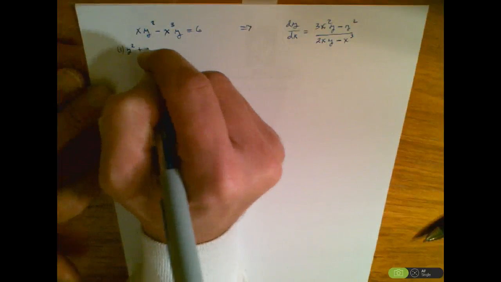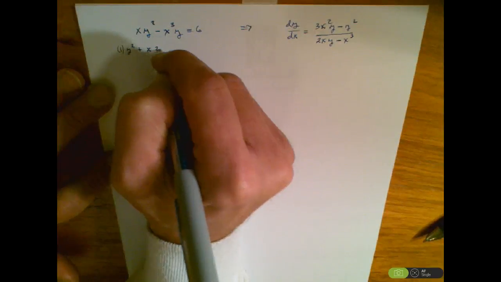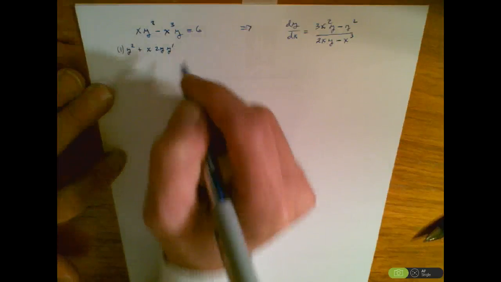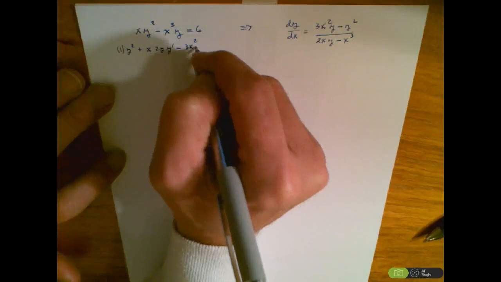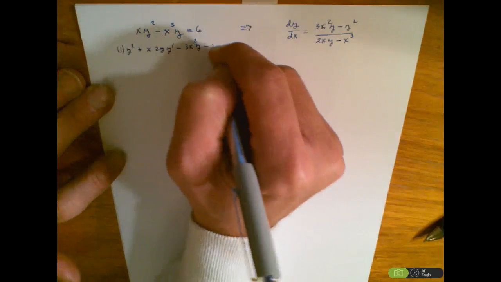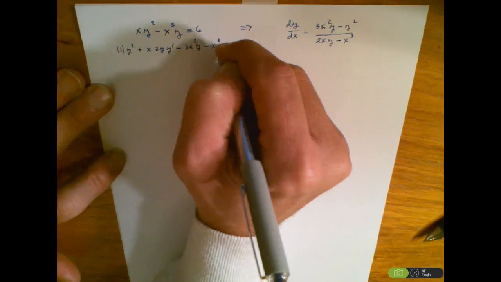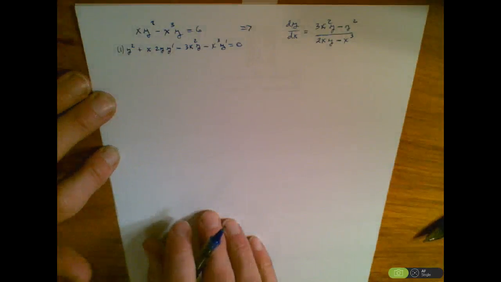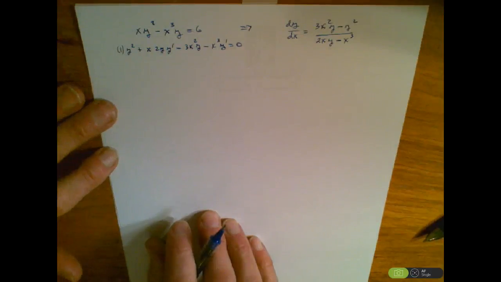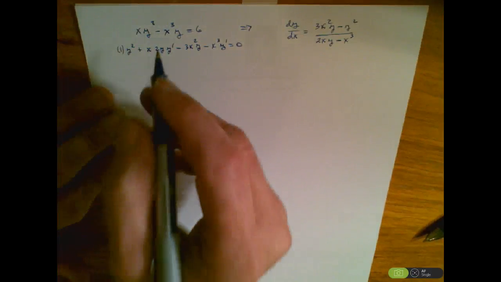Then we'll add x times 2y, y prime, minus 3x squared y minus x cubed y prime is equal to 0. Let's collect our y prime terms and factor out accordingly.